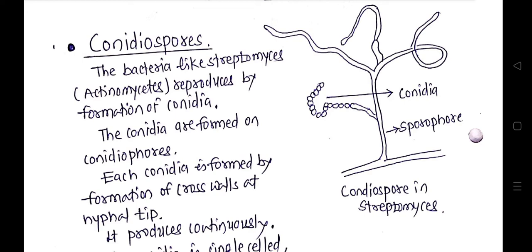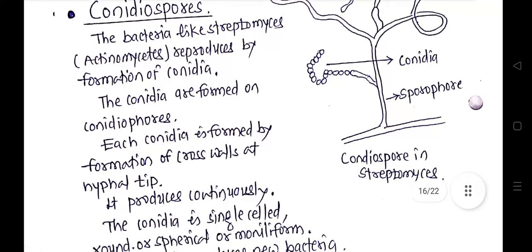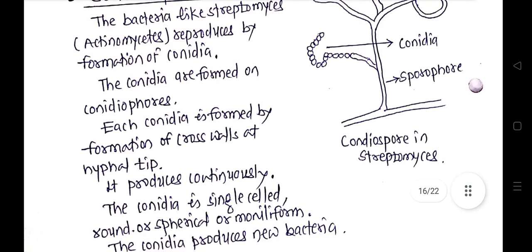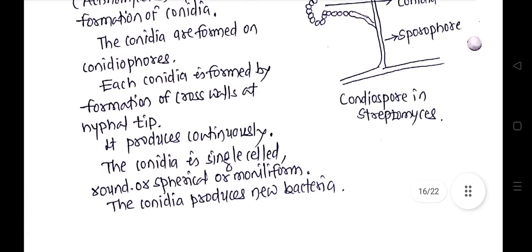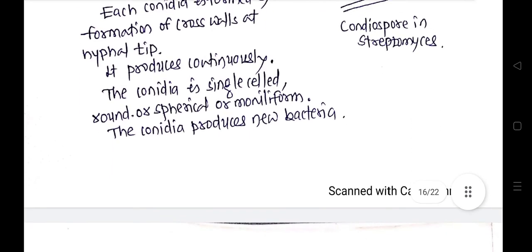You can look here in the figure. These are present at the tip of a conidiophore, so it produces the conidiospores continuously. A conidium is a single-celled, round, spherical spore, and this conidium produces a new bacterium.